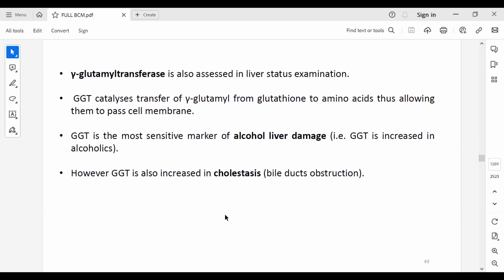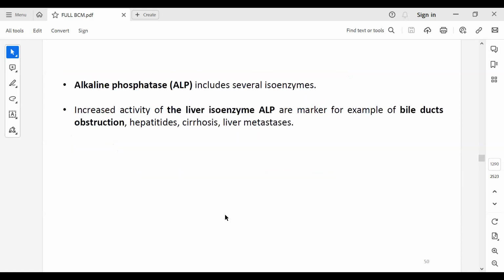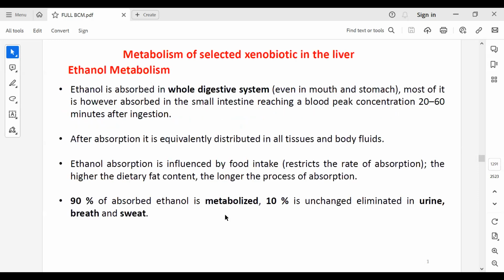But remember that GGT is also increased in cholestasis, so you'll have to differentiate that. But if there is increased activity of ALP, that can also be a sign of bile duct obstruction or cirrhosis. So it all depends on the clinical patient that you have.